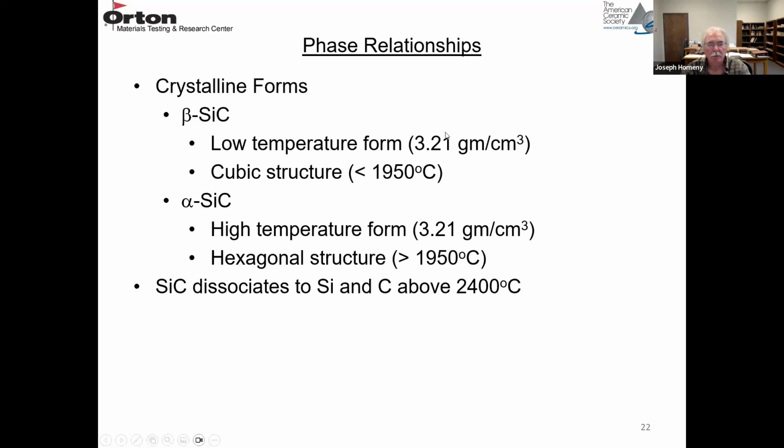It's cubic, and it's about 3.2 grams per cubic centimeter, and it's stable to about 1900 degrees C. The alpha form is the same density, about 3.2 grams per cubic centimeter, and above 1950 degrees C, it transforms to the hexagonal structure. Silicon carbide doesn't melt, but when you approach temperatures of 2400 degrees C, it dissociates or decomposes to silicon and carbon.